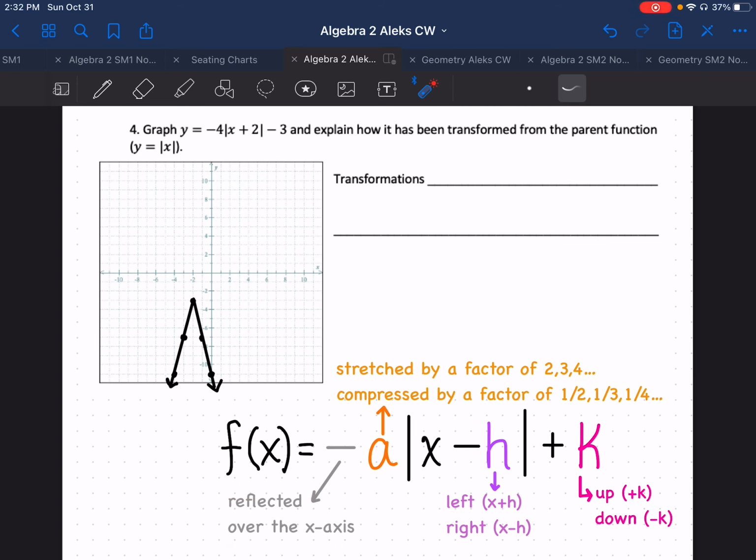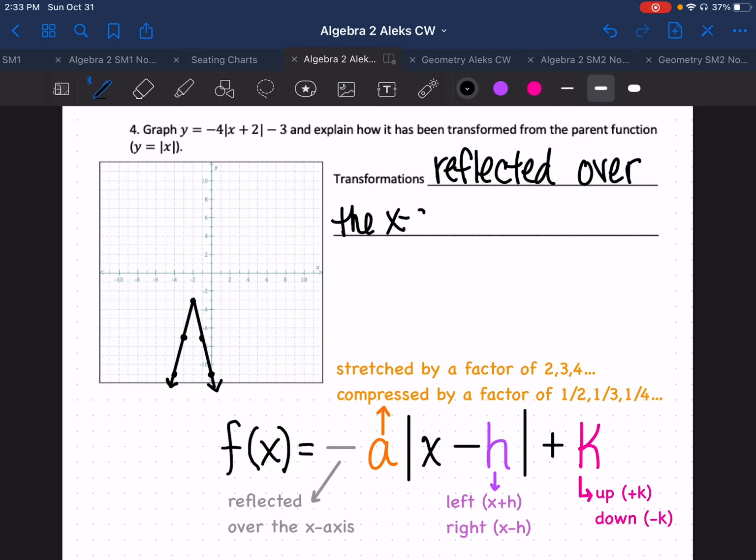If you do not, then you do not write it. Half of you will have it. Half of you will not. So I have to write it because I have that. So I'm going to write reflected over, or I could use the word across the x axis. I'm going to put a comma because I need to continue on now to the orange part.